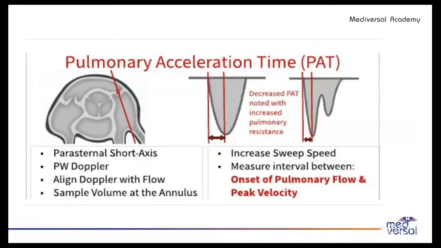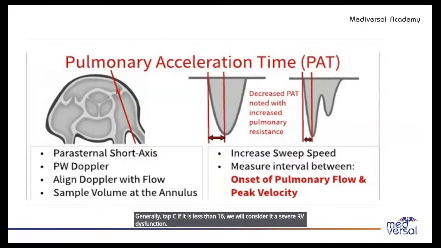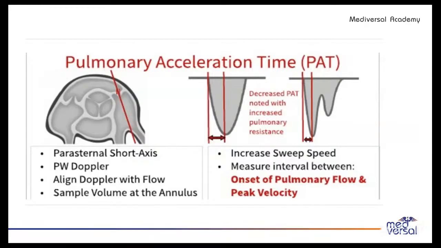See, Doctor. Generally, if TAPSE is less than 16, we will consider it as severe RV dysfunction. I will show the TAPSE slide, one minute.